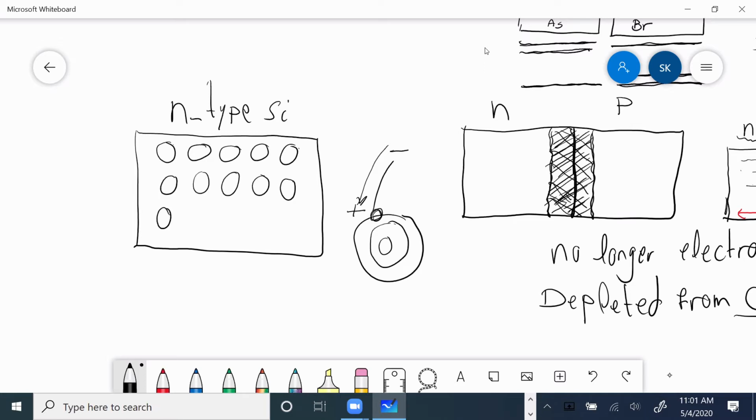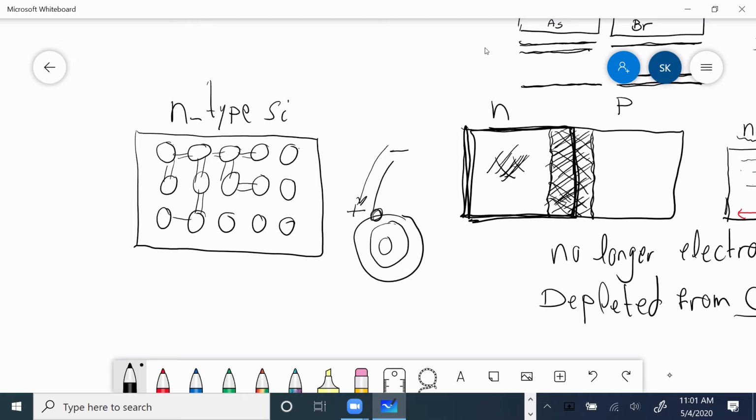See, originally, this N-type material, all this N-type material, it was like this. And all electrons were like this.